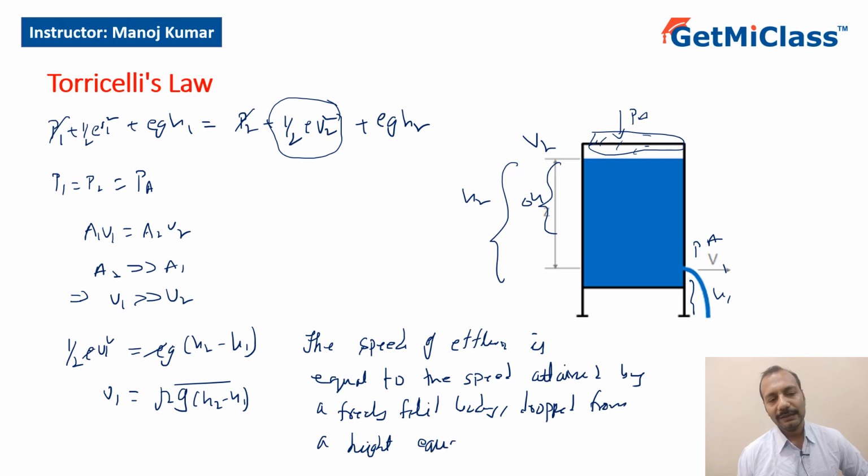So this is Torricelli's law. So I don't have to keep on deriving this expression. I can directly write V equal to root 2GH.